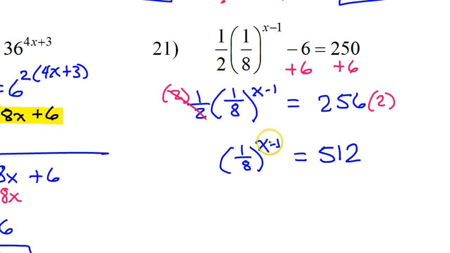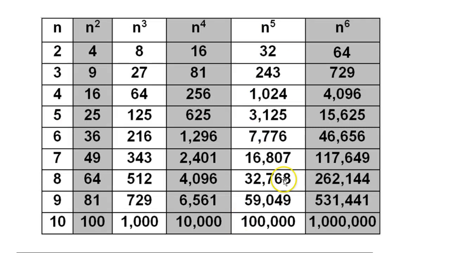Now that's as far as I can go as far as getting the x part by itself. Now I have to somehow get these to be like bases. Let's start with the 512. I see 512 right here. That is 8 to the 3rd power.